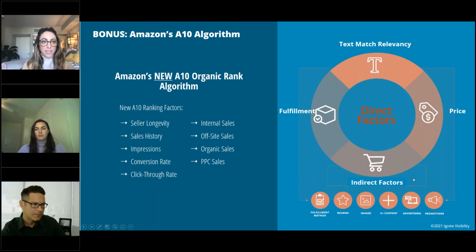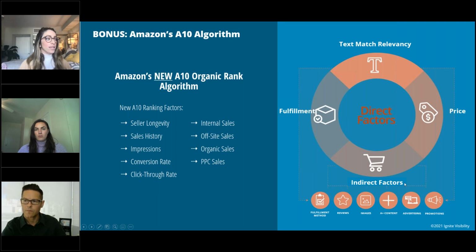However, the main difference is the weight of the factors it considers. They're starting to put a stronger weight on other factors to make you successful on Amazon, truly focusing on providing consumers with the most relevant search results. So how do they do that? I'll go into a couple of these here.